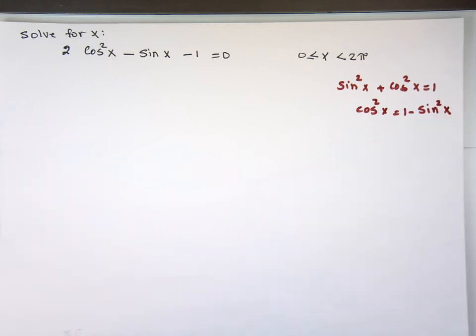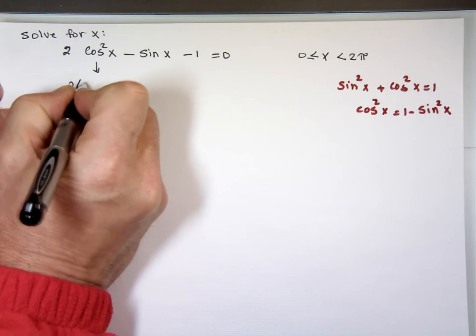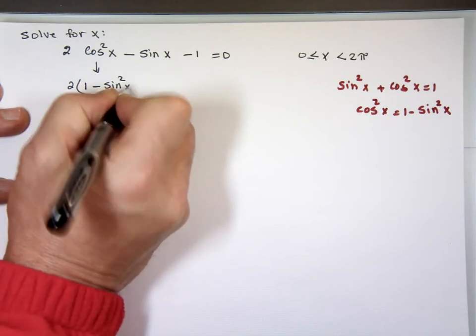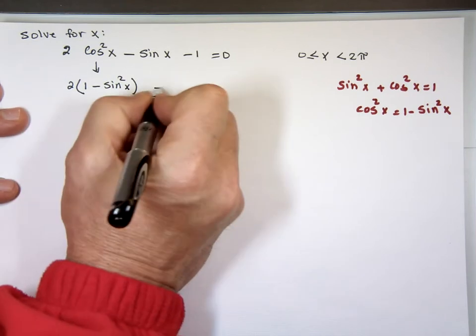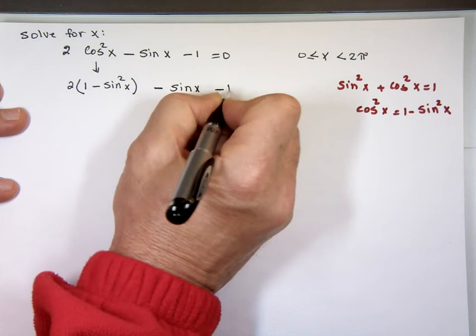So if I do that substitution here, if I take the cosine squared, there's the 2 in the front, take the cosine, replace with 1 minus sine squared x, minus sine of x minus 1 is equal to 0.